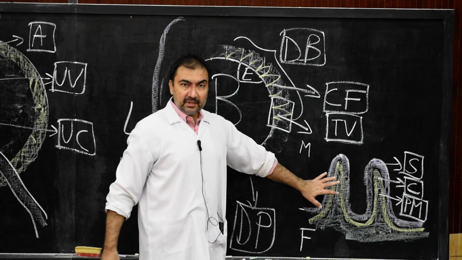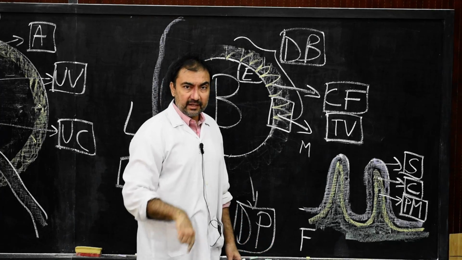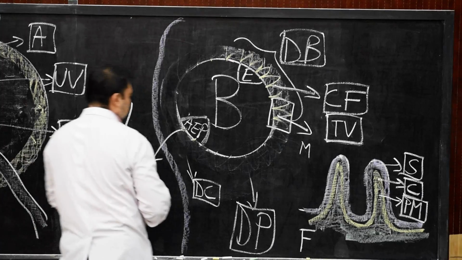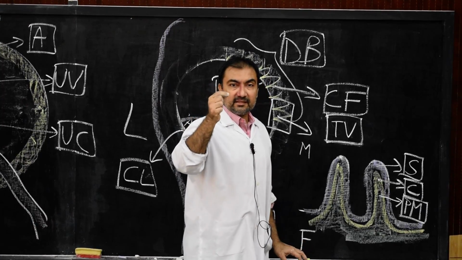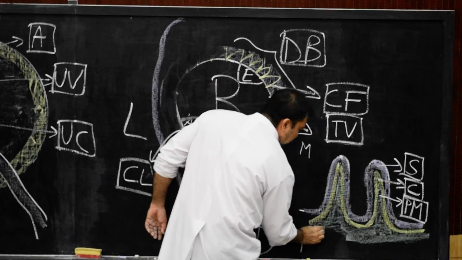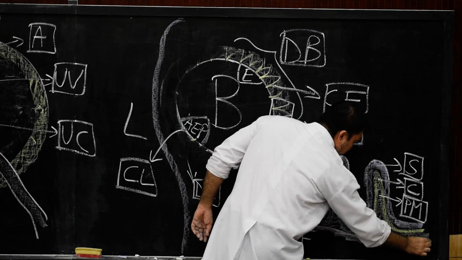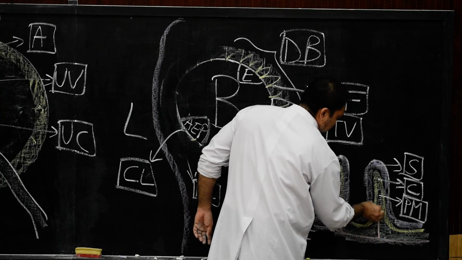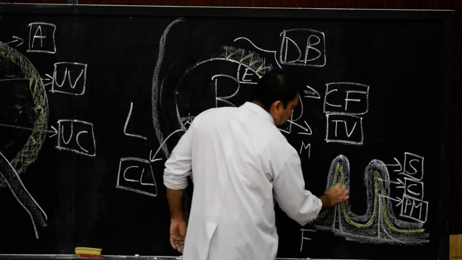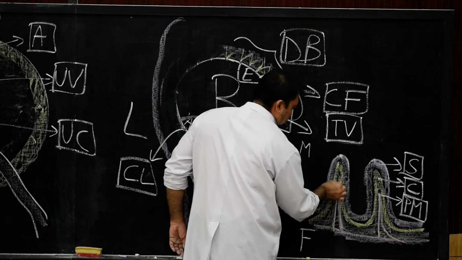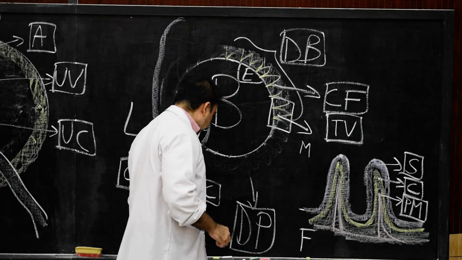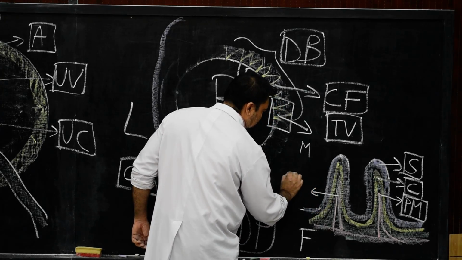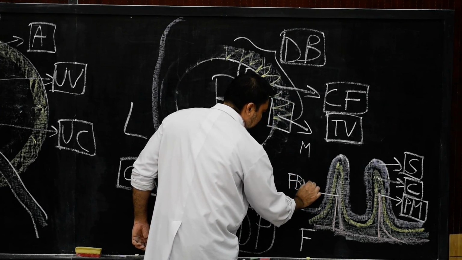Now all these 3 layers will remain. The last layer we have to add will be the fetal blood vessels. So here we are going to add these fetal blood vessels like this, and we are going to mark the central core as fetal blood vessels.